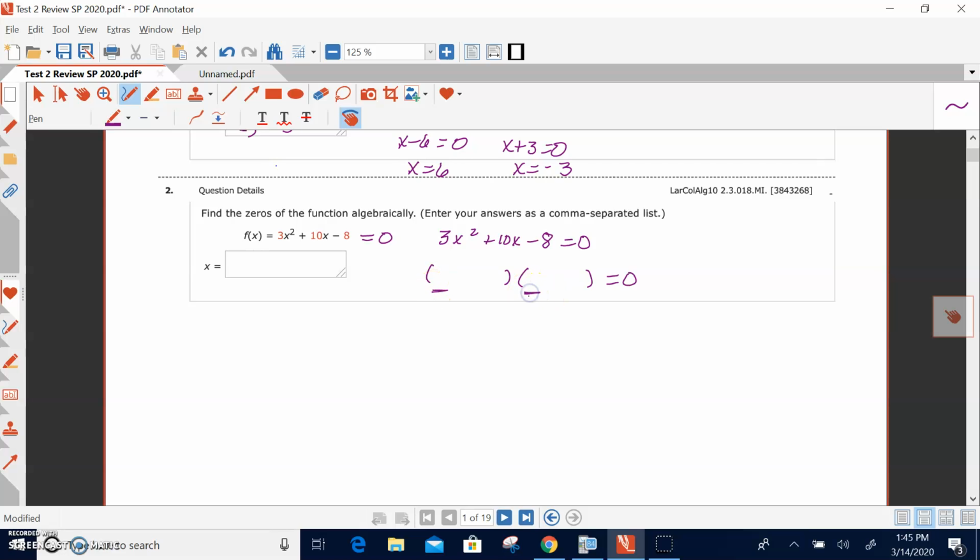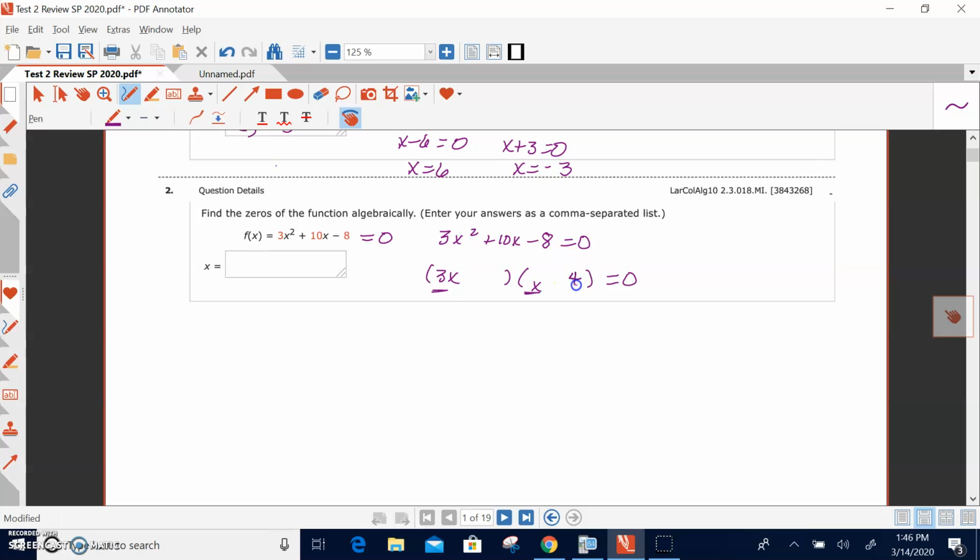These 2 must multiply to give me a 3x squared, so I'm going to go 3x and x. Now I'm going to figure out what do I multiply to get an 8, and so when I put it in here, everything is going to work out to give me that 10 in the middle. I think of 4 and 2.